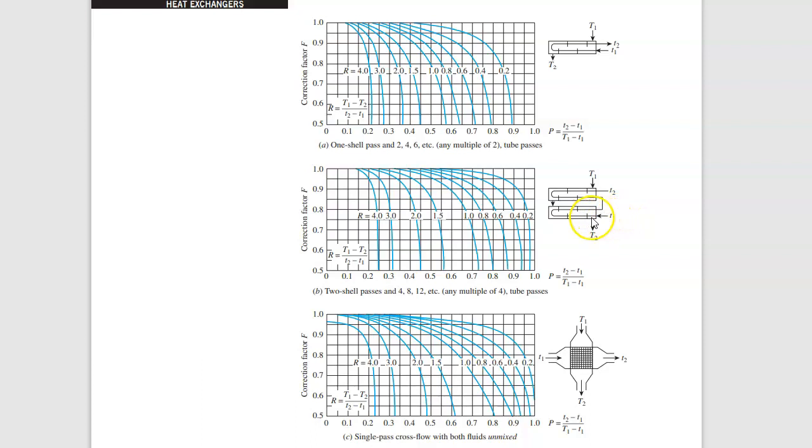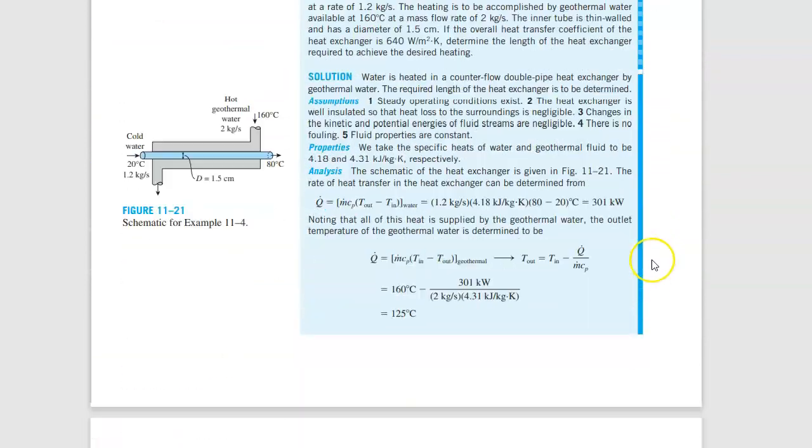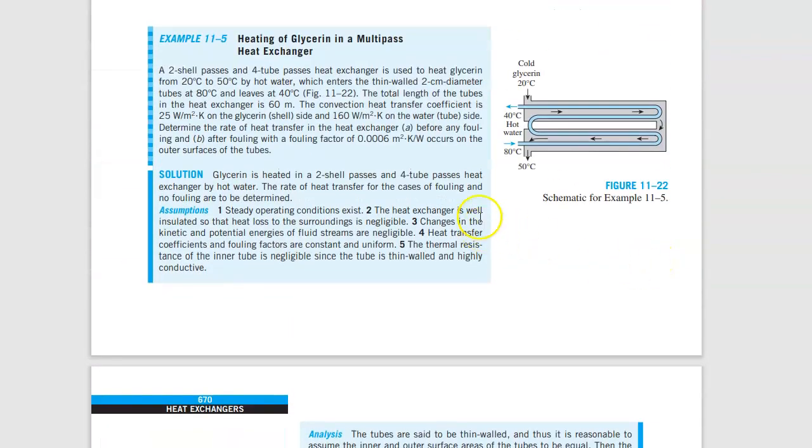Here we have T1 going in and going out. So we actually have 4 inner tubes, right? By referring to that, the question is given that we have hot water at 80 degrees going into this heat exchanger, and then we have cold glycerin at 20 degrees, and we try to cool down this hot water.